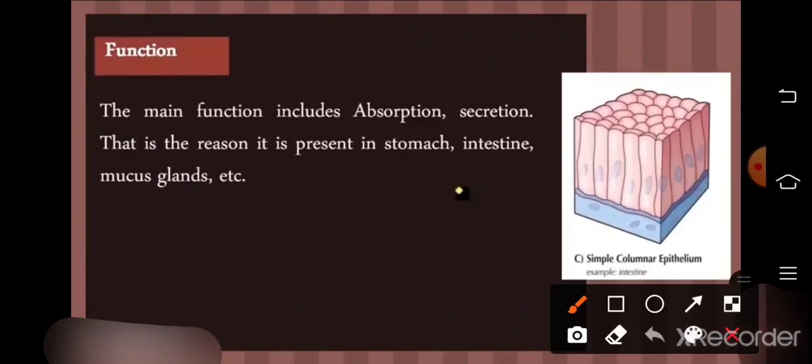The main function of simple columnar epithelium is absorption and secretion. That is the reason it is present in the stomach, intestine and mucous glands.